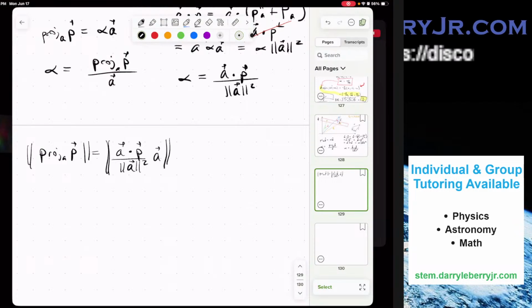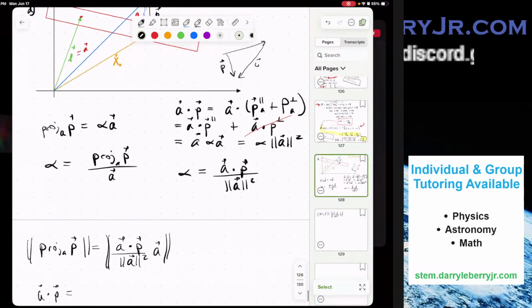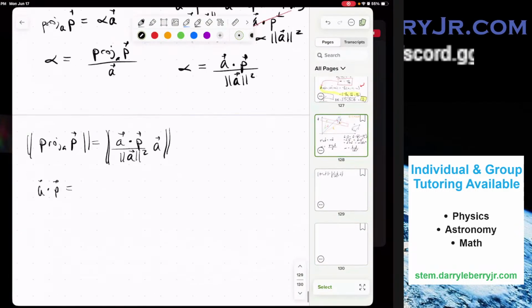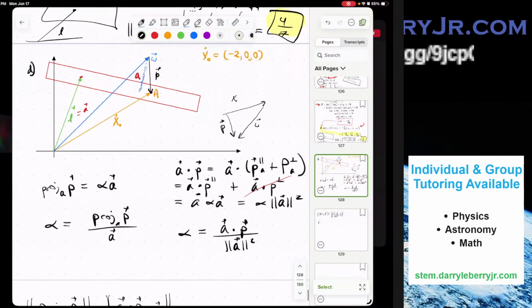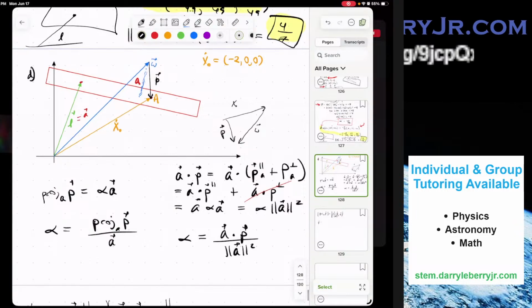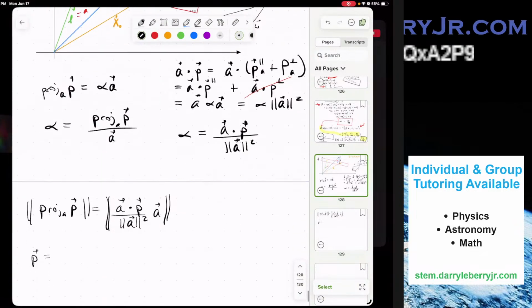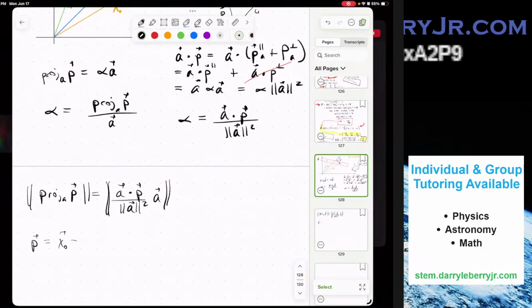So A dot P equals, so first we need to figure out what P is. So let's take this step by step. So P equals XO minus WO.